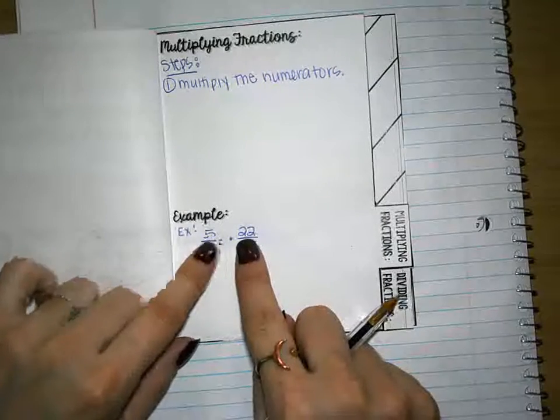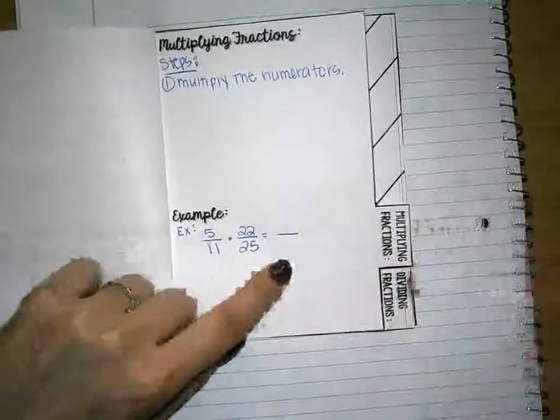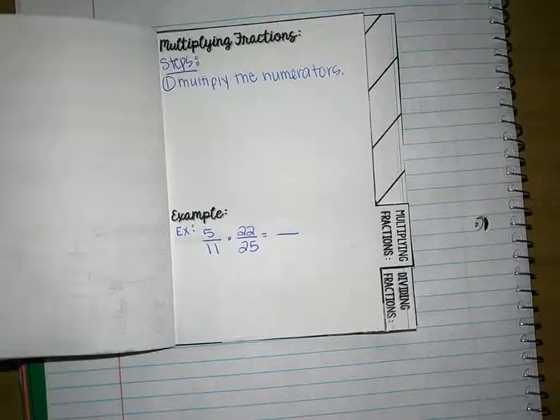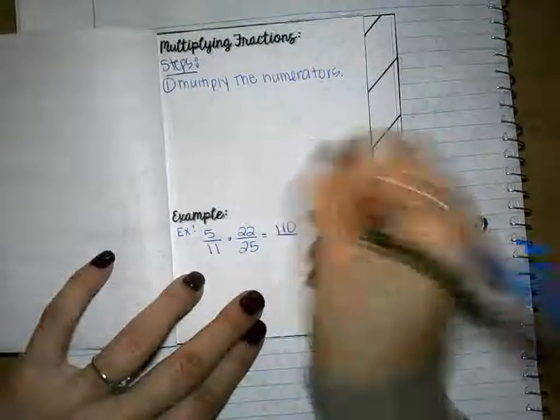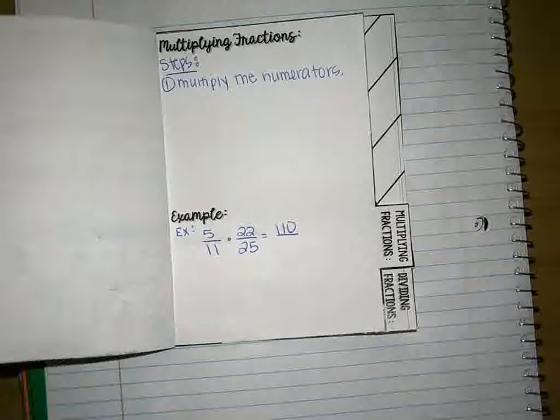So everyone do 22 times 5 for me. What do we get, everyone? What's 22 times 5? That becomes my numerator, because you multiplied your two numerators. Does that make sense to everyone?